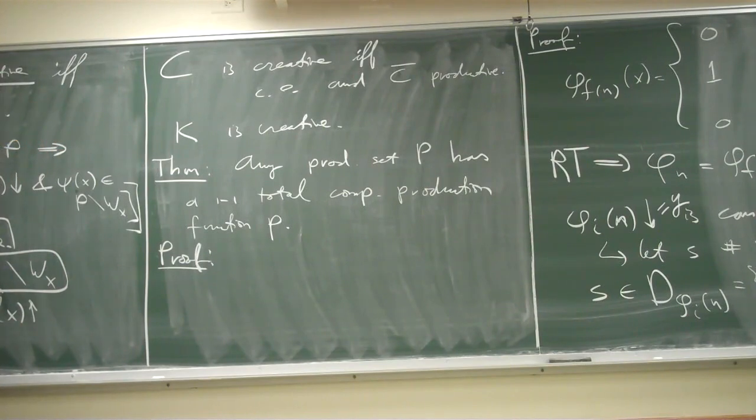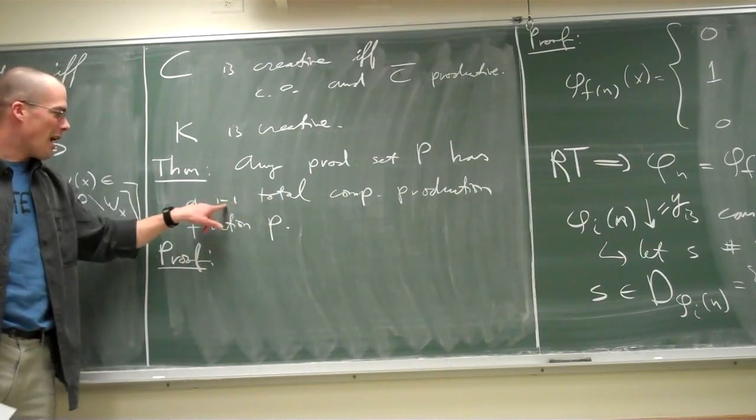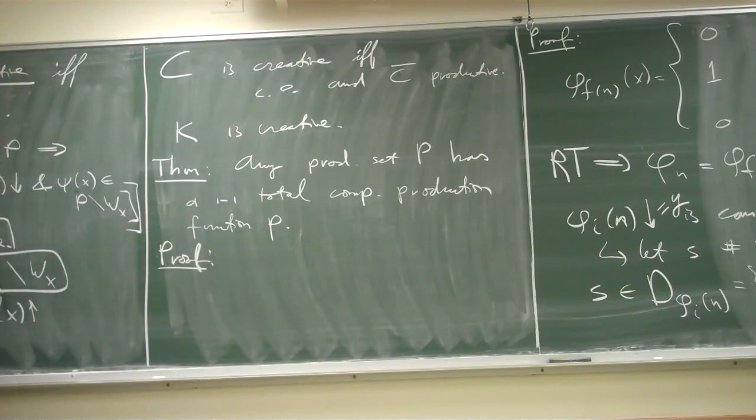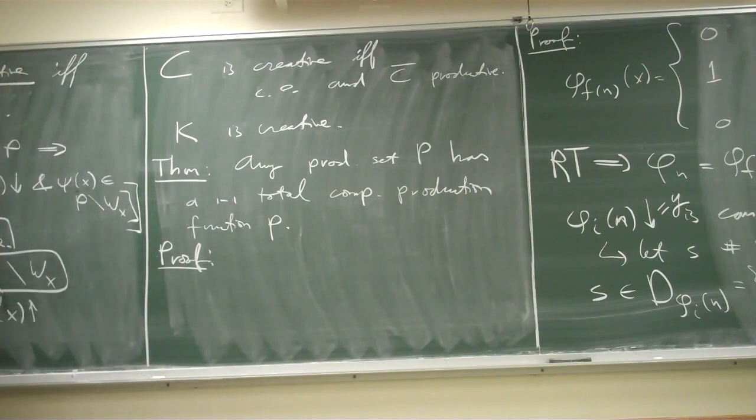I don't know why I did that, because I was planning to start with a totality, but I guess I proved if you have a total production function, then you can make it one-one by these two ideas. So then all that remains is to take a partial production function and make it total.